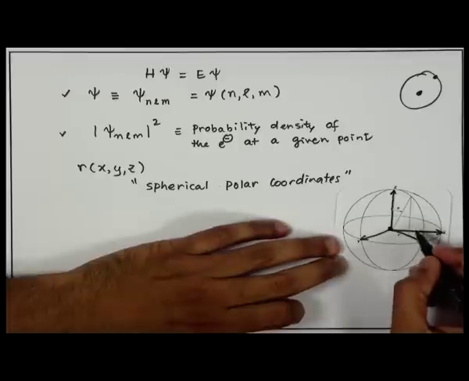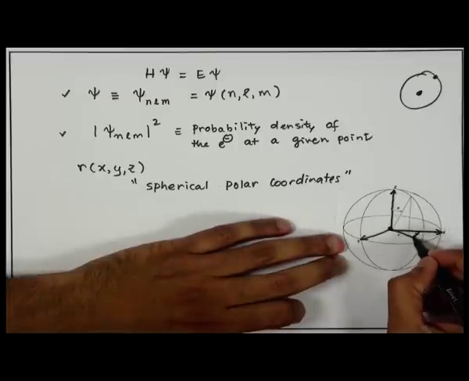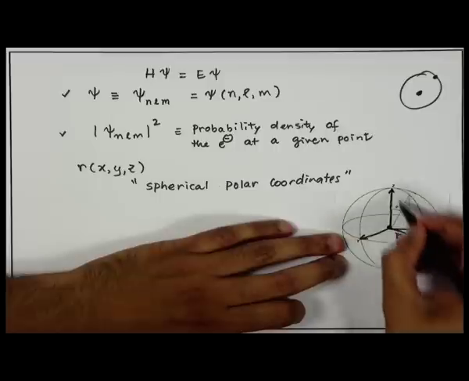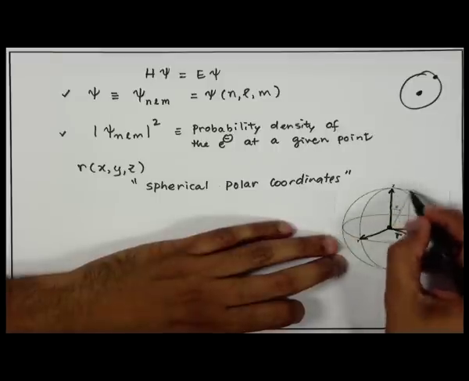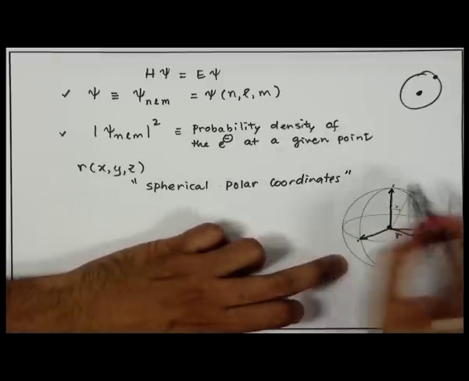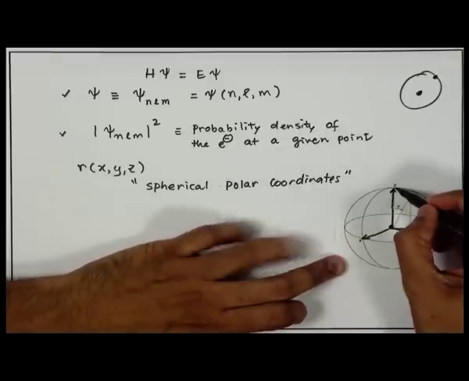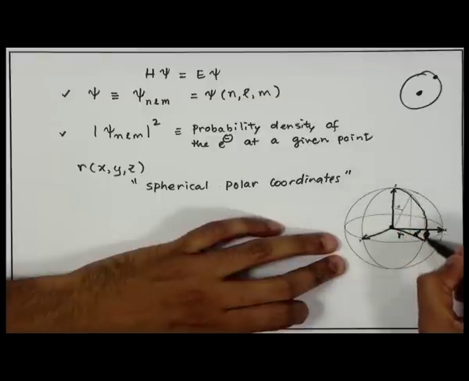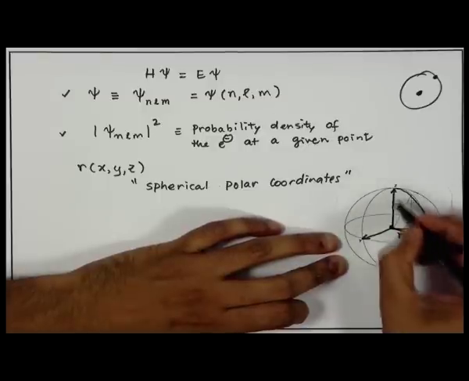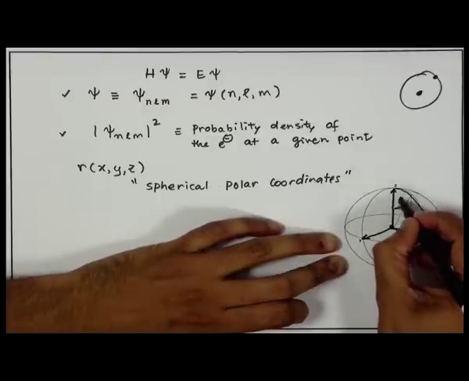You can define an azimuth angle, which is given as phi, and you can also have another angle which shows this movement, and that is given as theta.